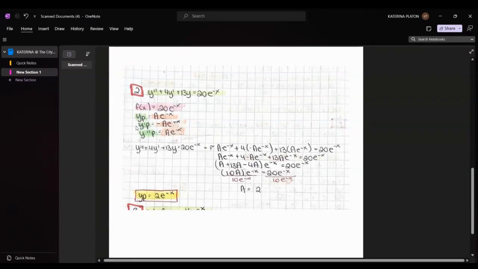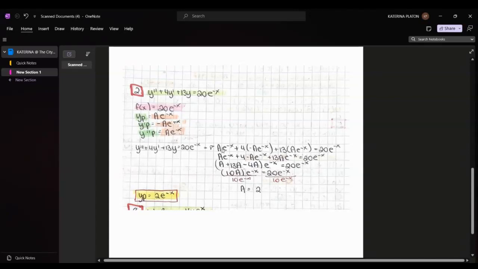Then the derivative of that, y prime p, equals negative a e to the power of negative x, and y double prime p is the same as yp, which is a e to the power of negative x. Then yp is multiplied by 13, y prime p by 4, and y double prime p by 1.